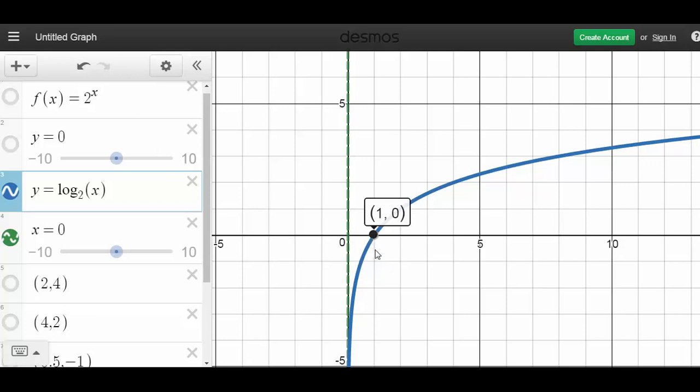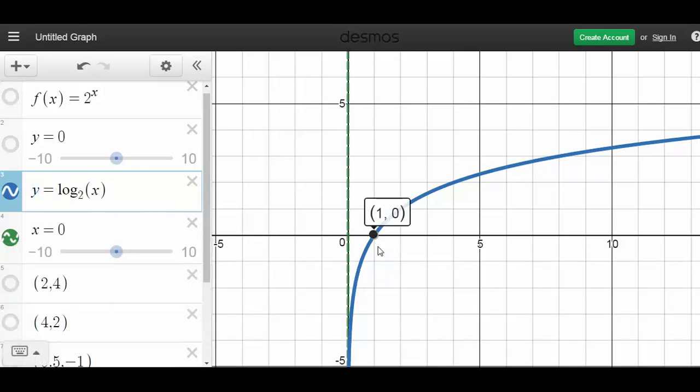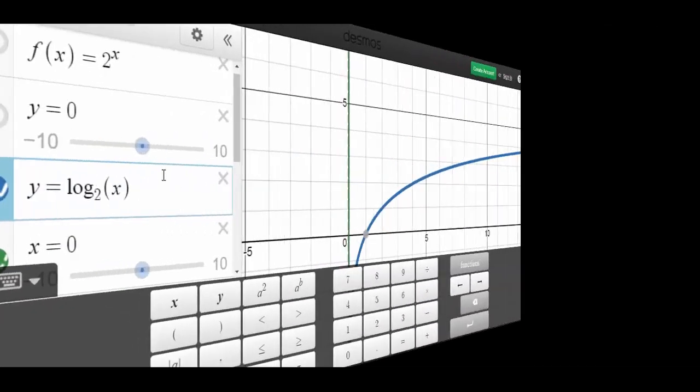Because the logarithm is now that concept reversed, the exponent itself, the 0, is now the answer to our expression. It's now the y value in our expression. The point (1, 0) will be crossed by every regular logarithmic curve.